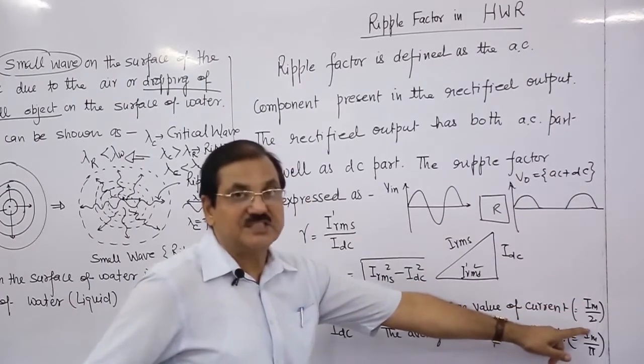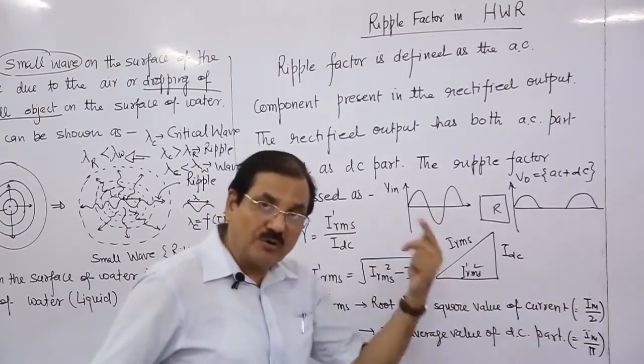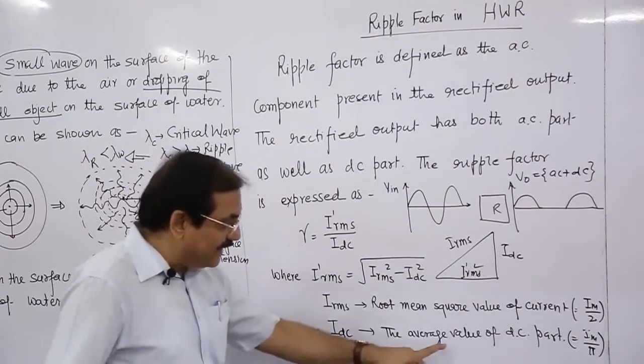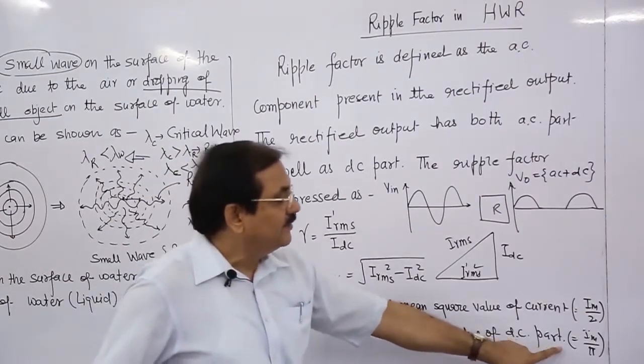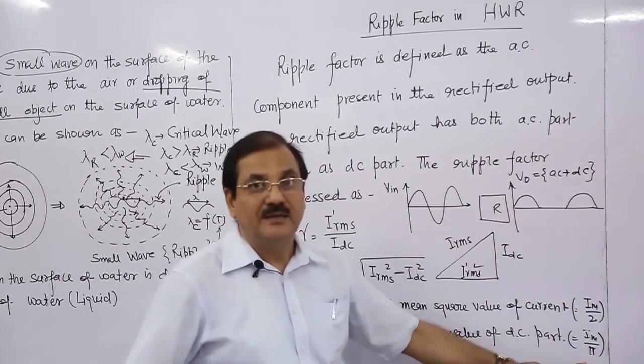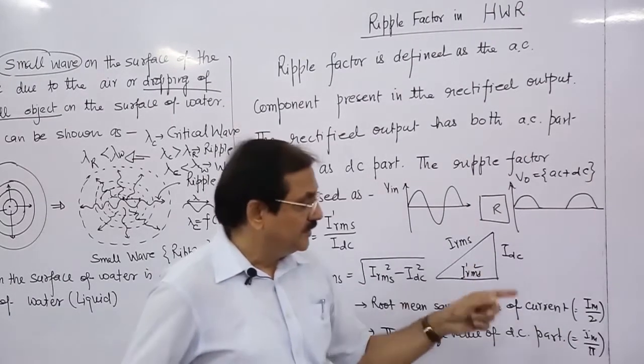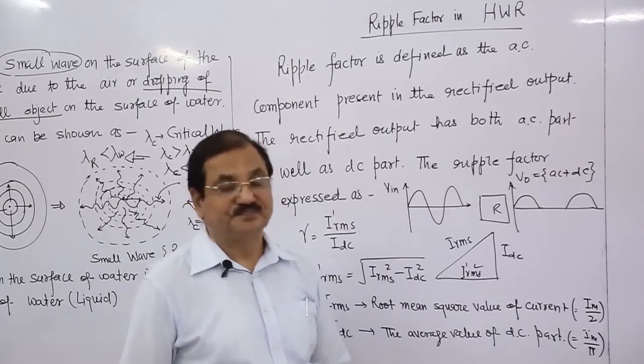For half wave, I RMS is Im by 2, that we have discussed in the previous module. I DC is the average value of the DC part, which is Im by pi, as we have already discussed in the previous module.